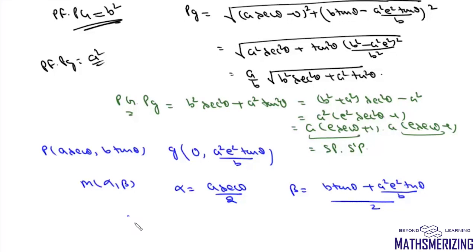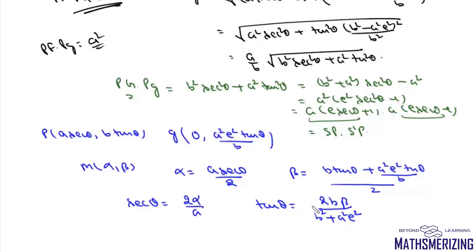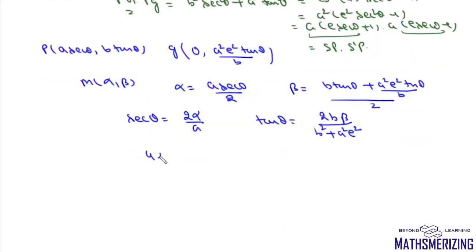Now from here we can write secant theta as 2 alpha upon A, and from here we'll write tan theta as 2 B beta upon B square plus A square E square. Now we'll eliminate theta, which is secant square theta minus tan square theta is 1. So we can write this as 4 alpha square upon A square minus 4 B square beta square upon B square plus A square E square whole square, and it is equal to 1.